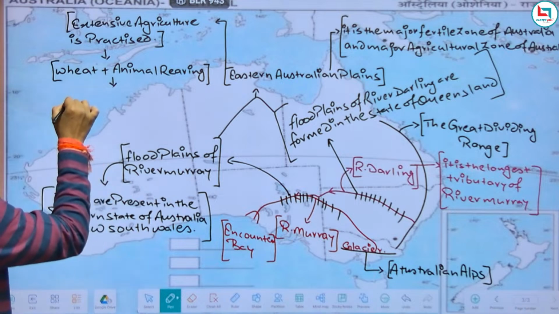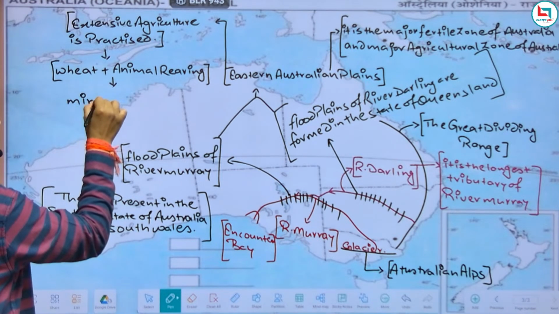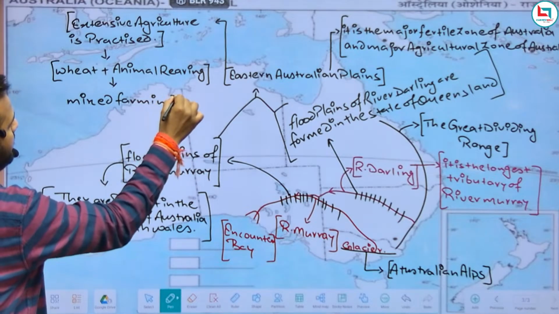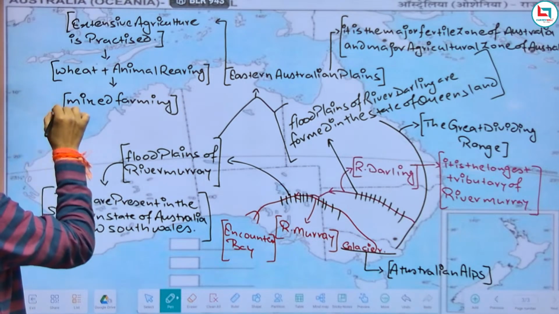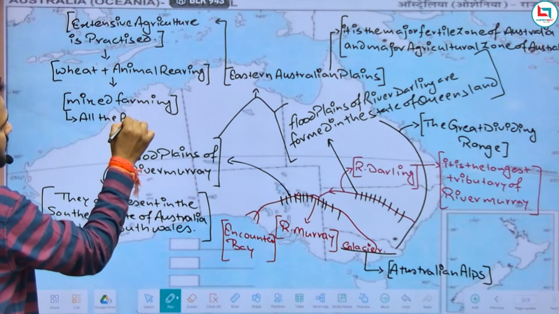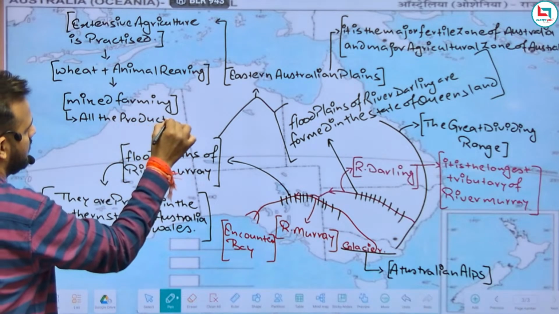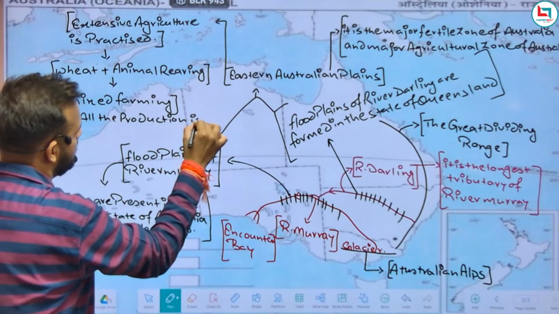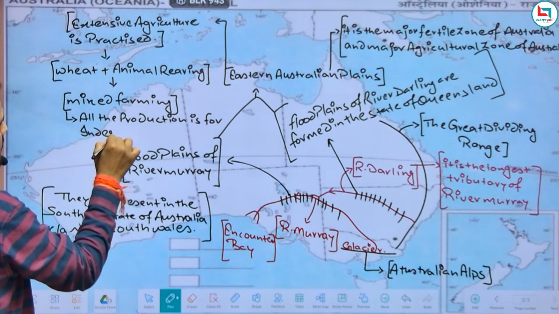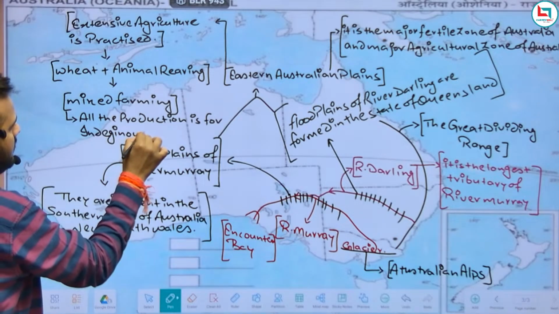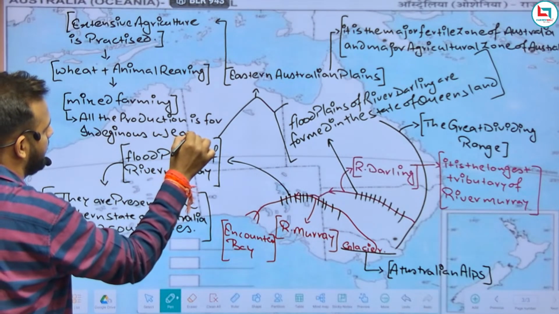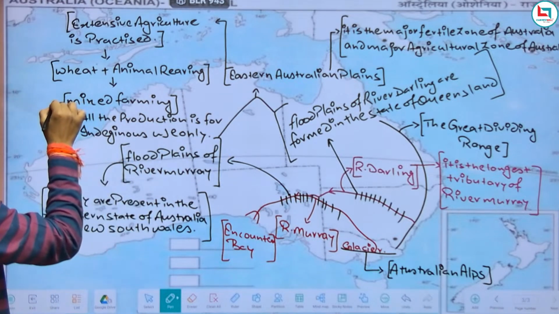All the production is for indigenous use only.